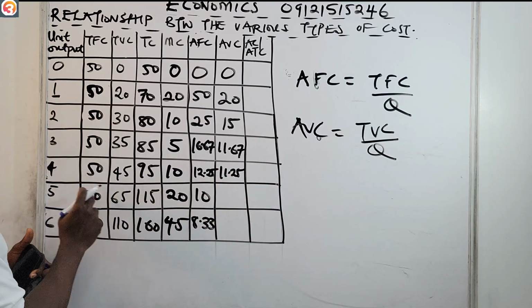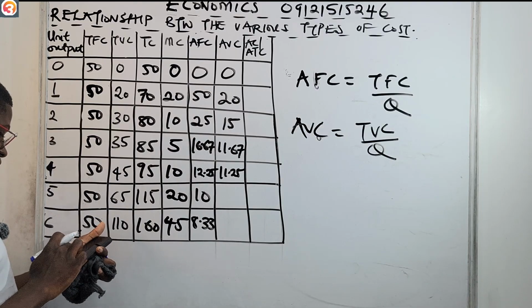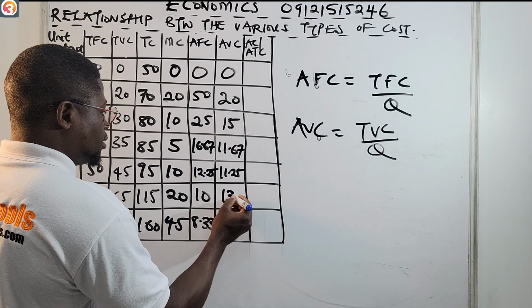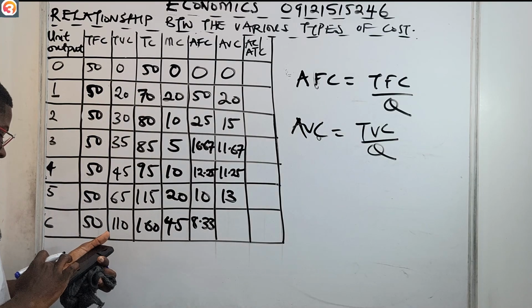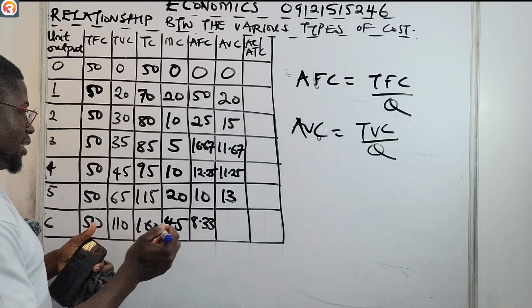Then 65 divided by 5 is 13. Then our total variable cost 110 divided by 6 gives us 18.33.